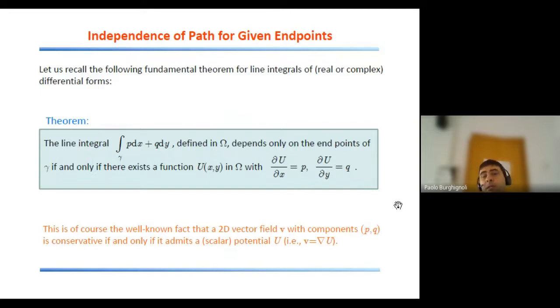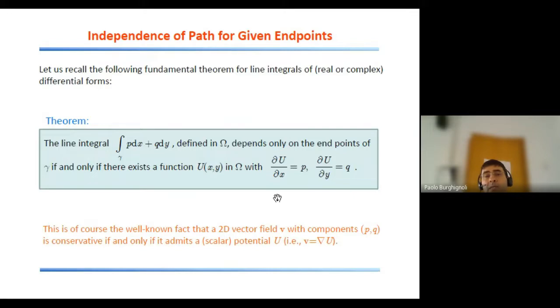Of course, this is the well-known fact that if you have a two-dimensional vector field, say v, whose Cartesian components are the functions p and q, then this vector field is conservative, so its line integral depends only on the endpoints, if and only if it admits a scalar potential, a function u, from which you can derive the vector field by means of the gradient operator, the del or nabla operator.